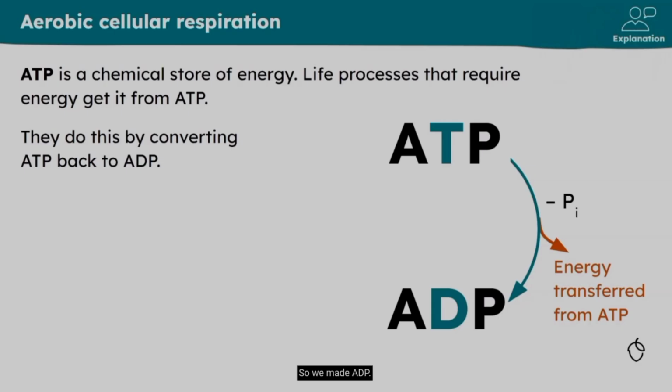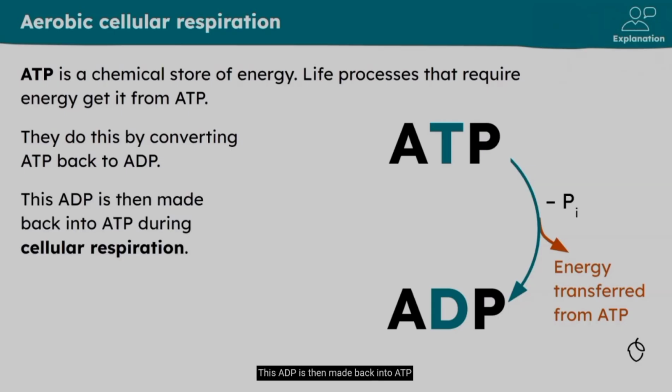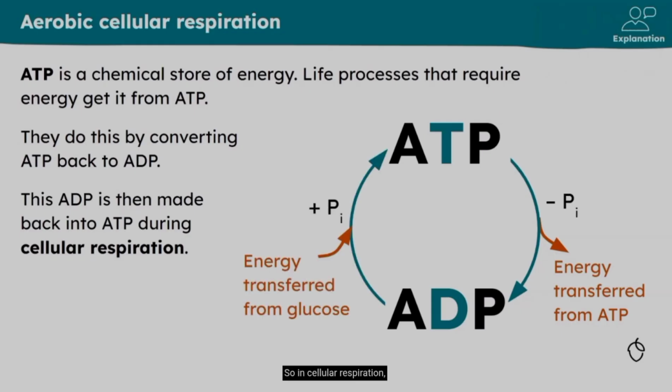So we've made ADP. That ADP isn't useless. This ADP is then made back into ATP during cellular respiration. So in cellular respiration, energy is transferred from glucose to bond a phosphate back onto ADP, turning it into ATP.